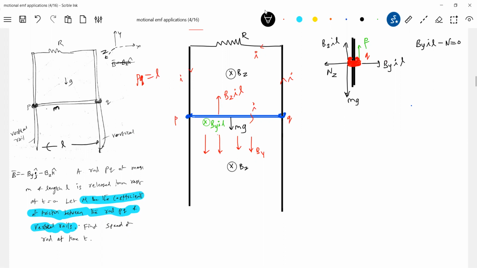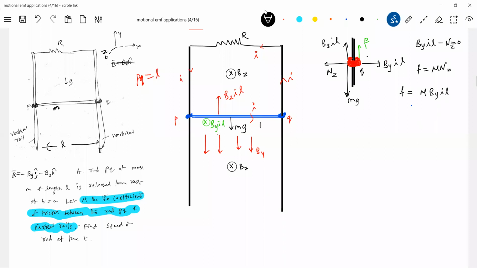Normal reaction along the axis. At both the points it will act, I'm just showing the resultant. So then what is F? F should be equal to mu N. So frictional force equal to mu B_y I L.